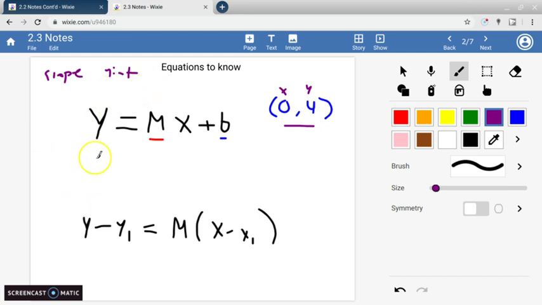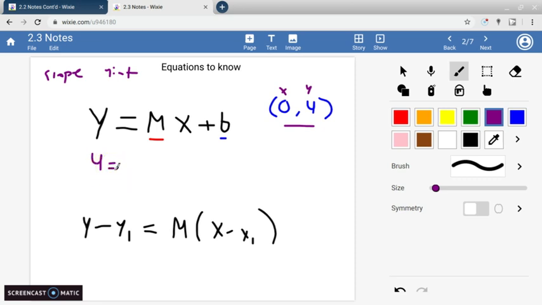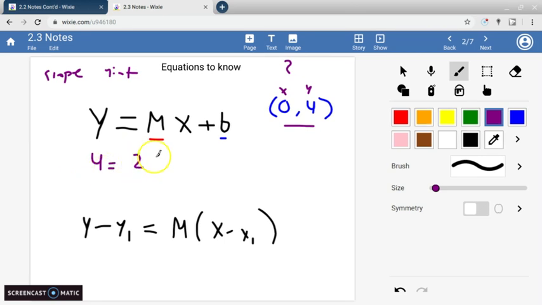So let's plug it in. We can say y is 4, and then m, well, the slope, there's not actually enough information here to answer that. Let's just say the slope is 2. So then we plug in 2, times x is 0, and then the y-intercept.